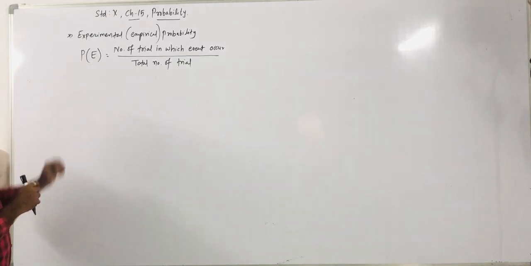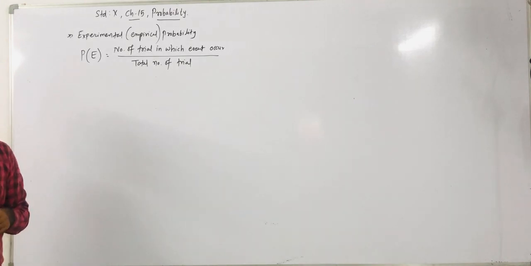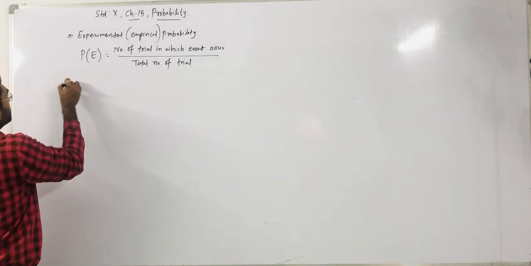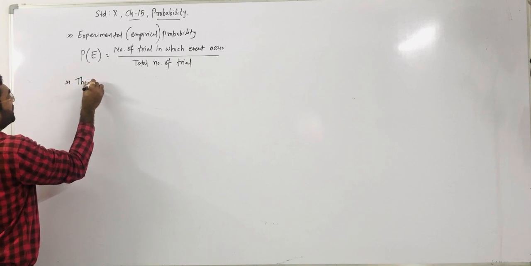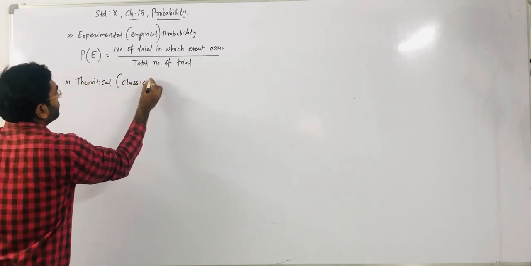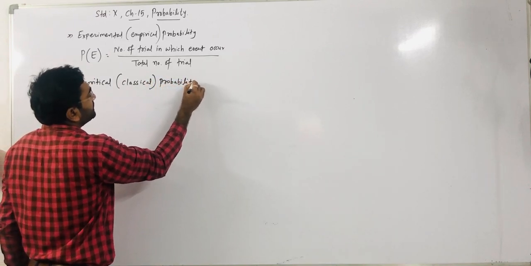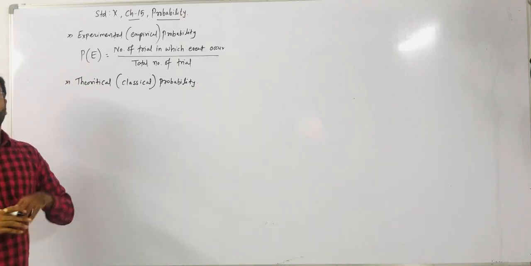So after that, they took another kind of probability, which is theoretical, or classical, probability. We define this probability based on assumption.